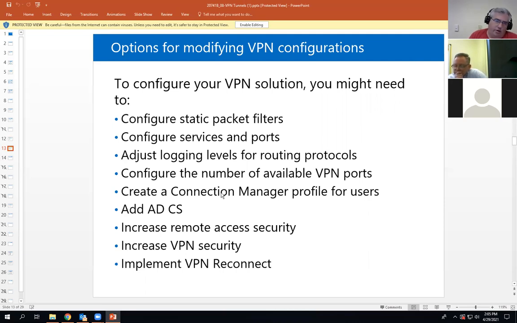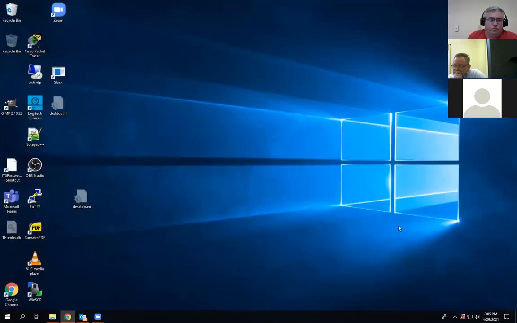You can map drives, RDP into different servers or their own desktop in their office. But yeah, that's pretty much VPN.